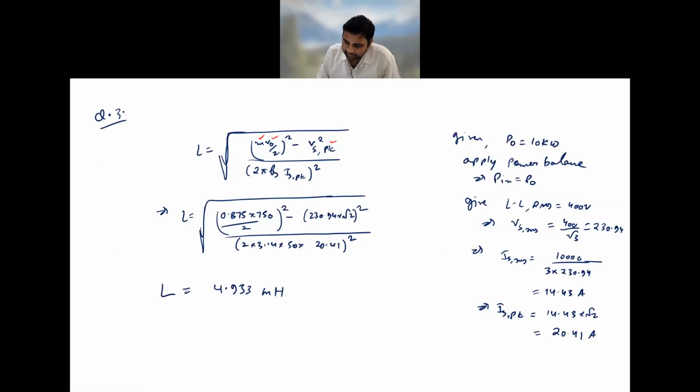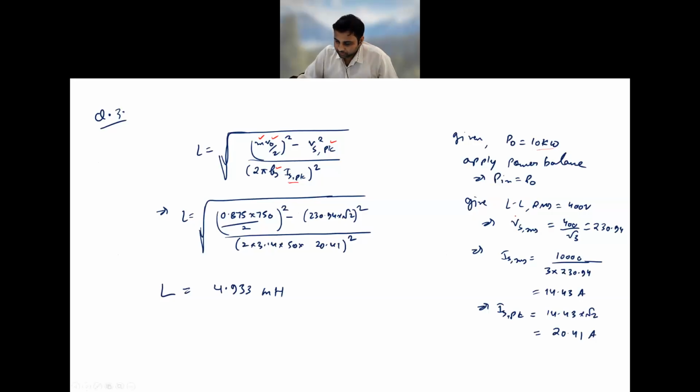Okay, I think no. Then you have your fs value given. The only thing we have to calculate is Is peak. For calculating Is peak, in the question it is given 10 kilowatt power level, and also that it is a lossless converter, so P in equals P naught, and it is given that the line to line RMS voltage is 400 volt.